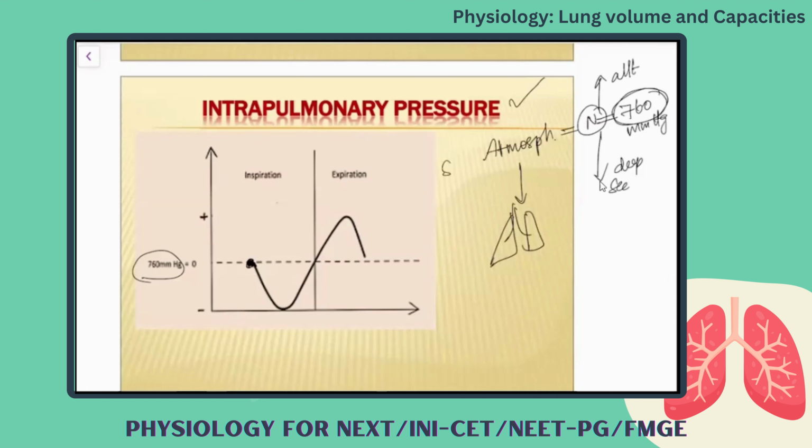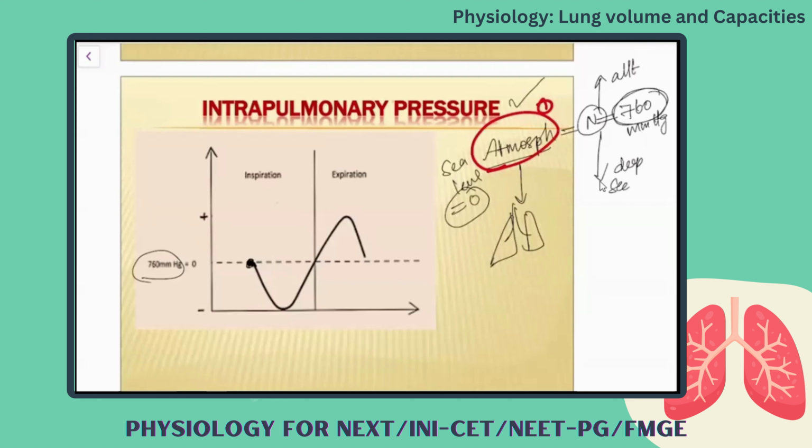Since it is the sea level, it is also called the zero level. So now the atmospheric pressure is 0. The air at the beginning of respiration should move from the atmosphere into the lungs.